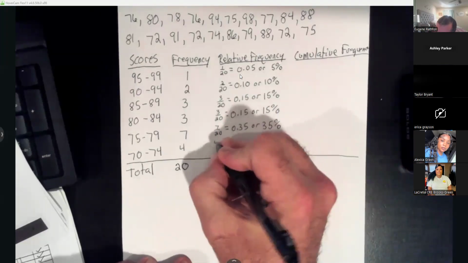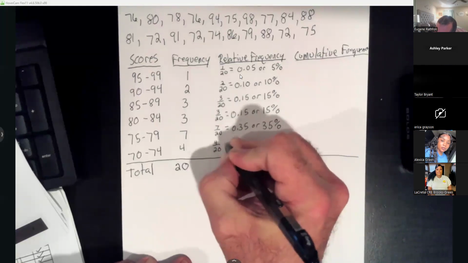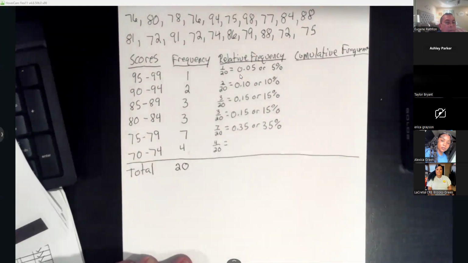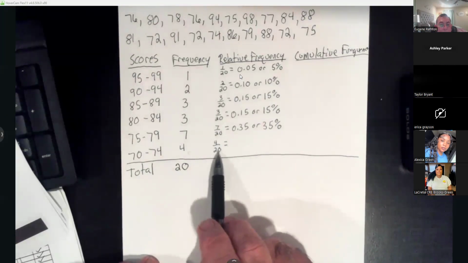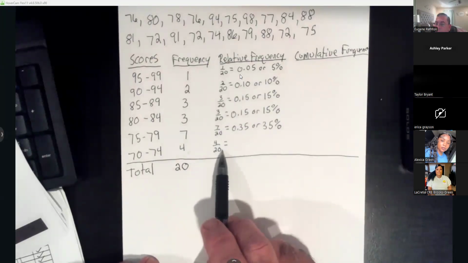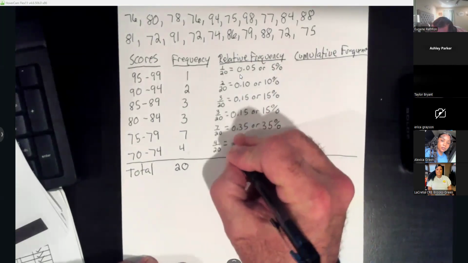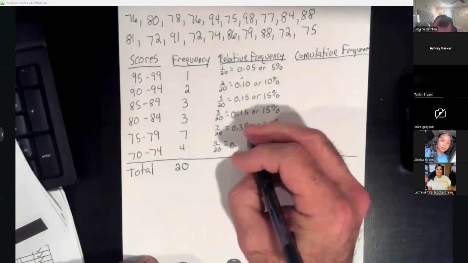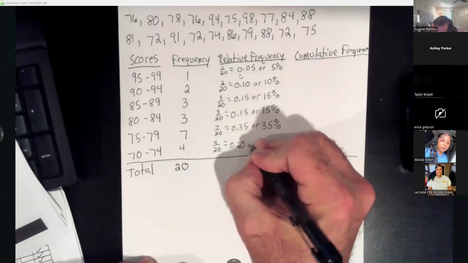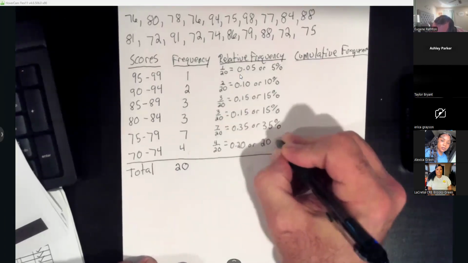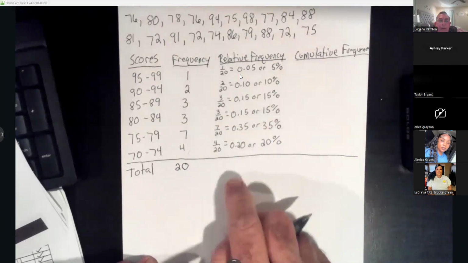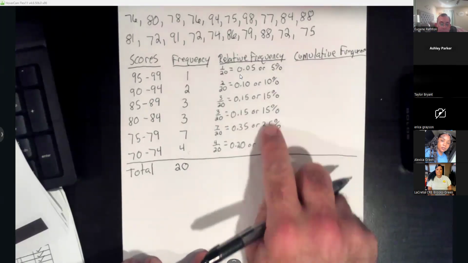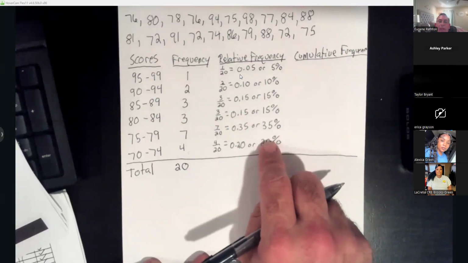All right, y'all. Finally, 4 divided by 20. And that should be, yeah, that's our last one. So what are y'all getting on that? 4 divided by 20. All right, 0.20 or 20%. Good job. So add all these percents up and tell us what we get.